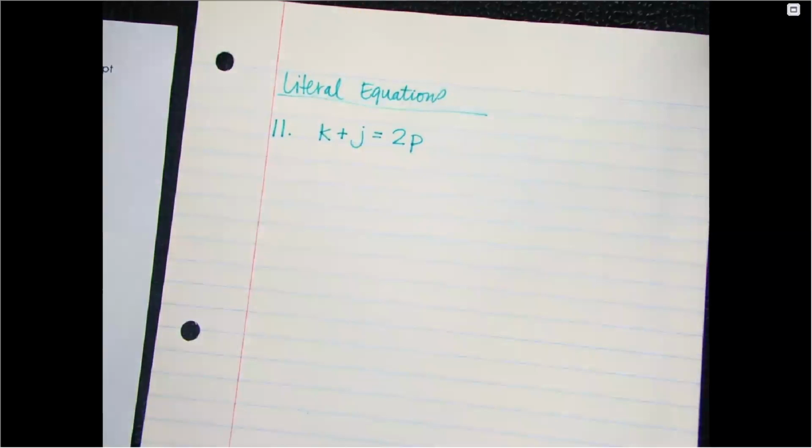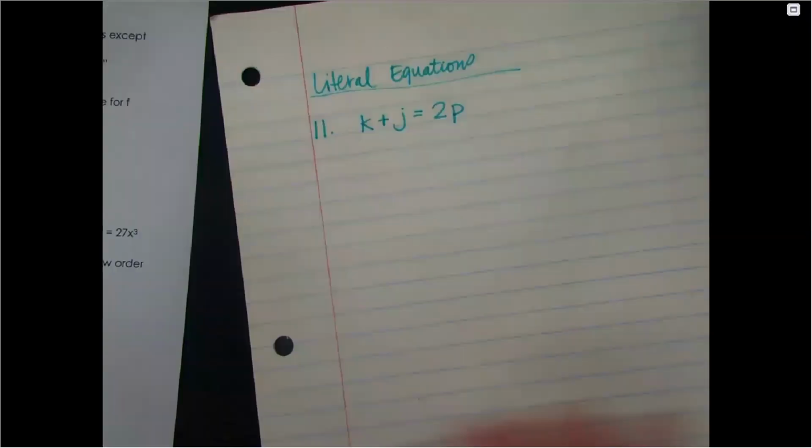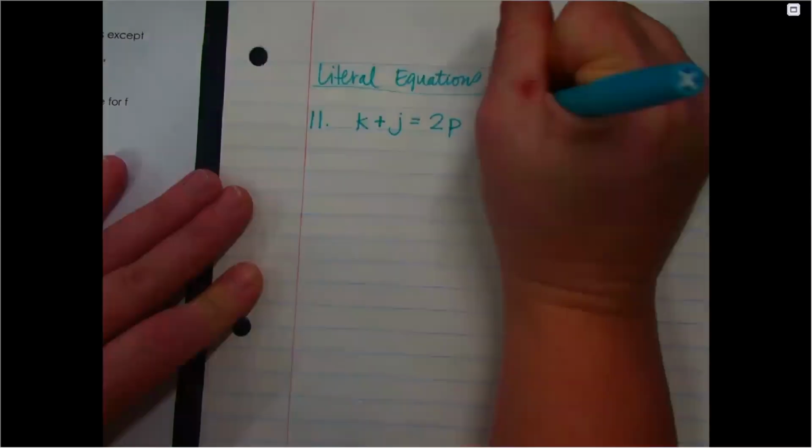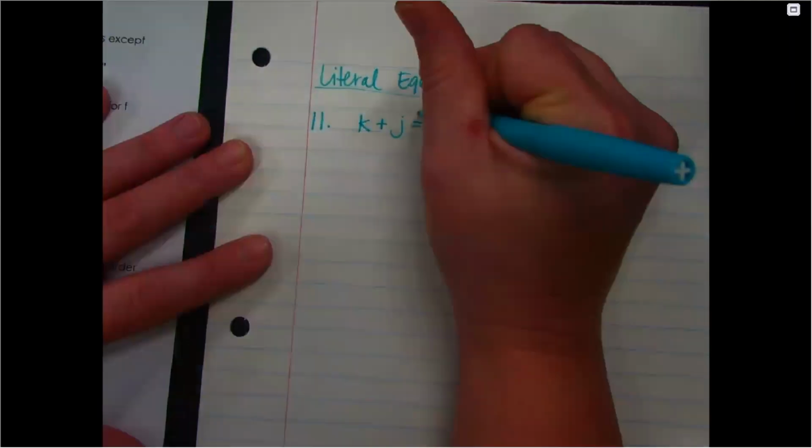And we are wanting to solve for J. Now, just like with yesterday's lesson, I'm going to draw equal street to split it up into my two sides, and I'm still going to be doing the opposite operation. So if you look on the side that J is on, who else is on that same side? K. And what's happening between K and J? They're adding. So how would we undo that? That's right.